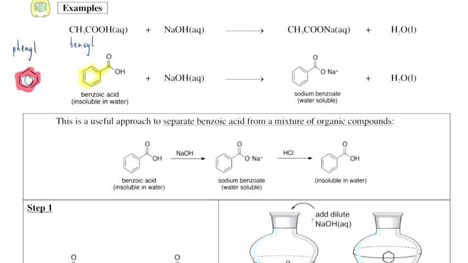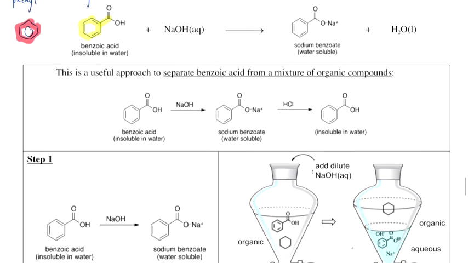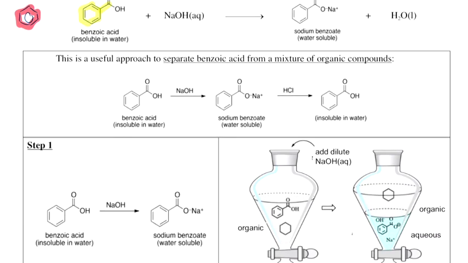Okay, so here that's the most important application you need to know. So first step, if we have a mixture of organic compounds and we only want to separate the benzoic acid, then we need to first treat it with sodium hydroxide. So after the neutralization reaction, we will produce sodium benzoate, which is water soluble.